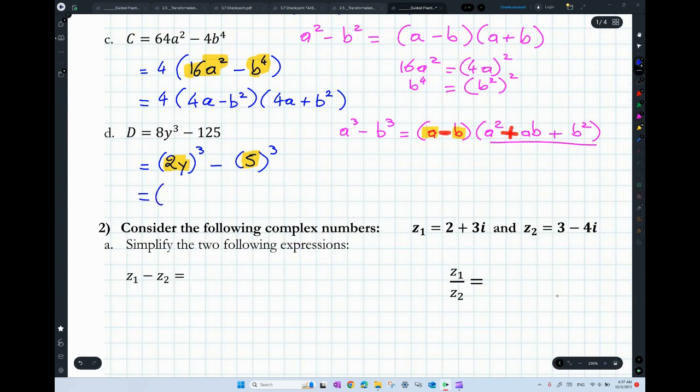I will have 2y minus 5 times the square of 2y, which is 4y squared. I've got a minus here, I'm going to have a plus there. The product a times b, and 2y times 5 is 10y, plus the square of b, which is 25.